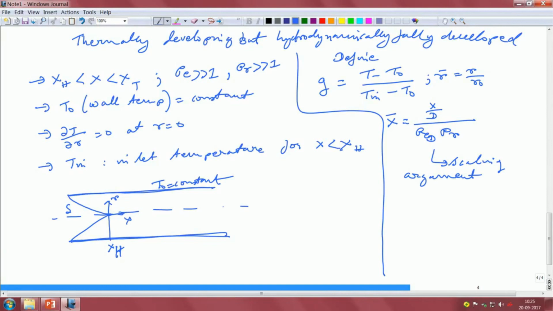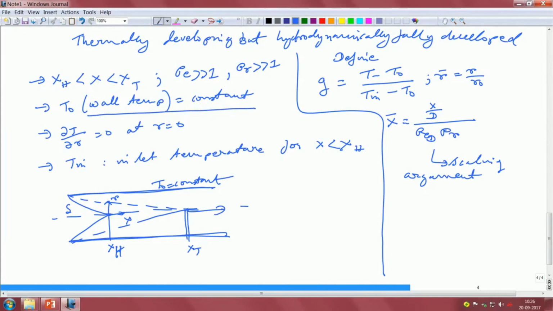So, if we recall all the assumptions that we had over here, what do the assumptions actually say? First and foremost, you are within x_t somewhere there. We are only interested in this intermediate region, because beyond this we have already done our analysis for constant wall temperature and constant heat flux. Here we are taking the case where wall temperature is still constant, so we are not varying that.